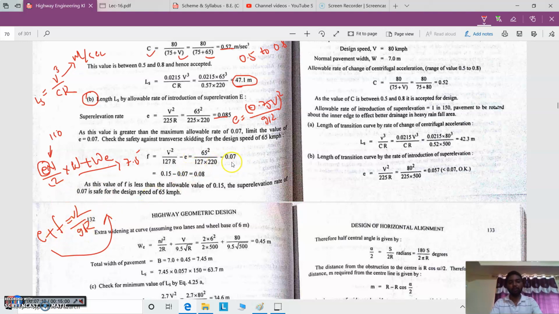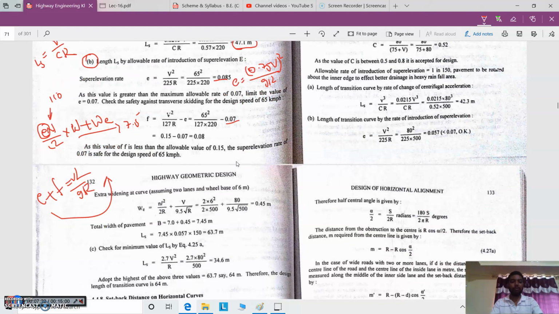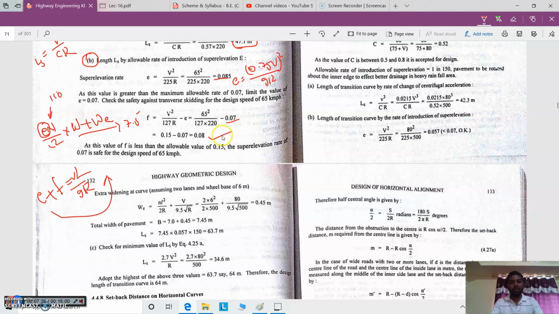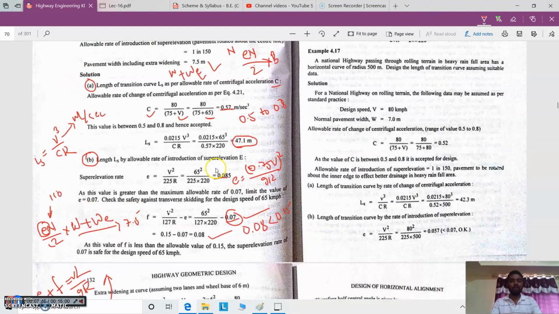We are substituting the same value, and e is considered at its maximum value 0.07. So here once you get the f value as 0.08, it is less than the 0.15 lateral friction. So the super elevation provided, 0.07, is okay. This value has to be considered.